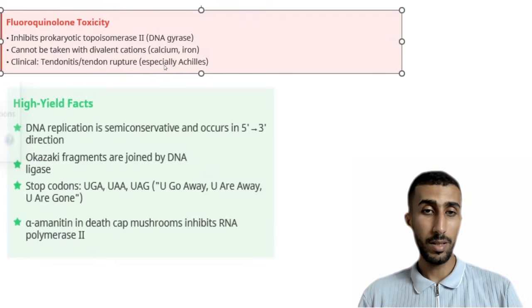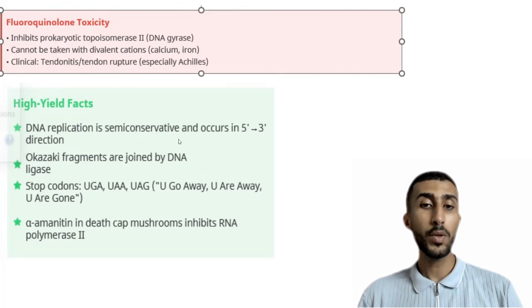So Achilles tendon rupture is famously associated with fluoroquinolone toxicity. It cannot be taken with the divalent cations, calcium and iron. You have to watch for this if you are prescribing one of them.